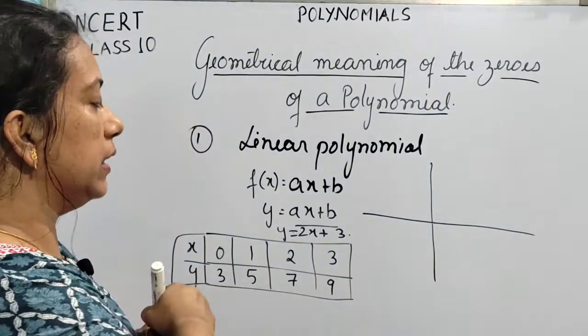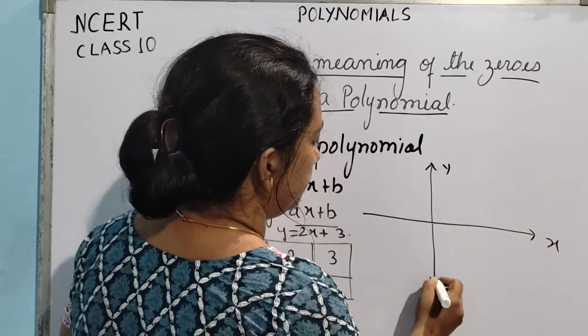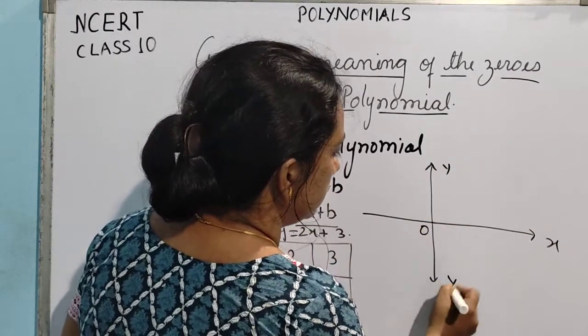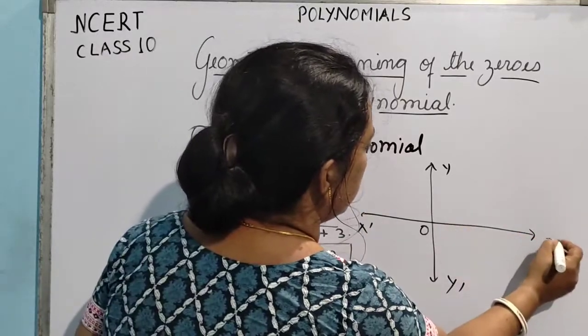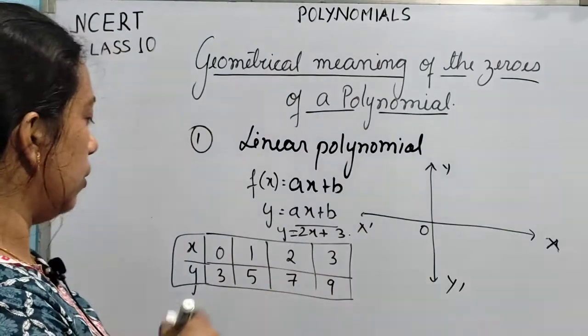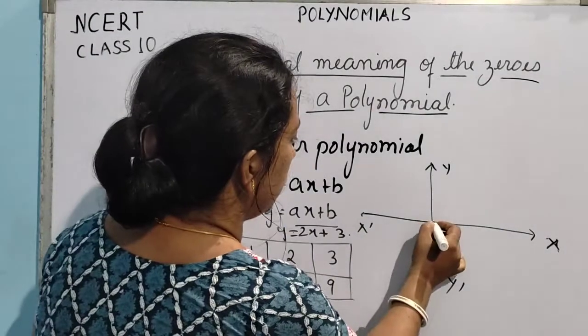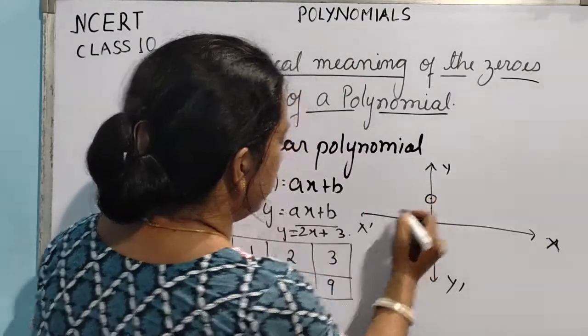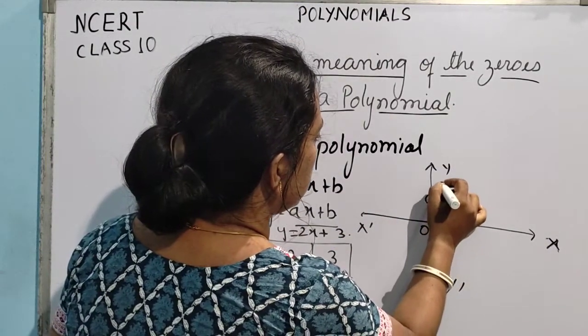If we go on plotting these points, all of you know that this is the x axis and this is y. This is the origin, x dash, y dash. We generally denote it like this, isn't it? Now the first coordinate that we are getting, (0, 3), is somewhere here. (1, 5) will be 1, 1, 2, 3, 4, 5, somewhere here.